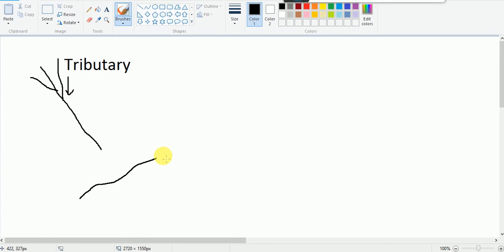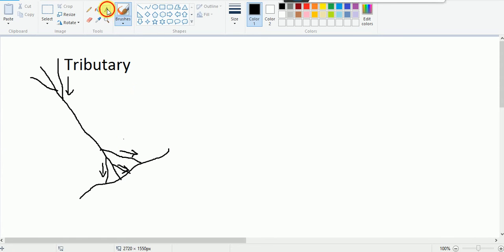See, this is the coastal area, and when the river approaches the coastal area, the slope is very gentle, and that is why, due to deposition of the silt in the bed of the river, water is diverted in this way, and these are known as distributaries.